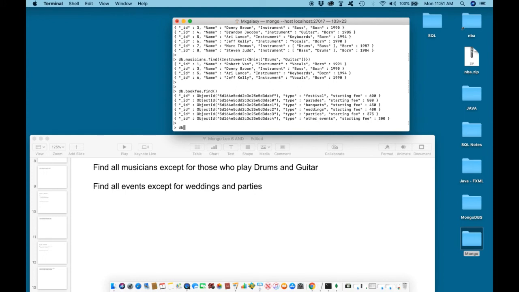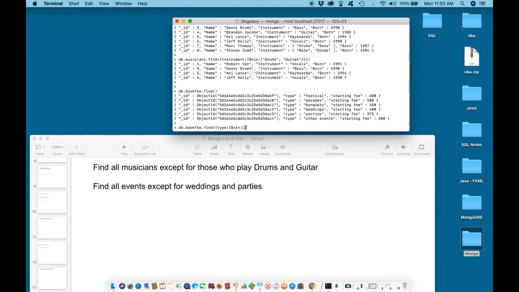To do this, we will type db book fee find. This time we are looking for everything other than weddings and parties. Type the field name, colon, curly brackets, the abbreviation for not in, colon, square brackets, and the name of the values that we are looking to exclude.